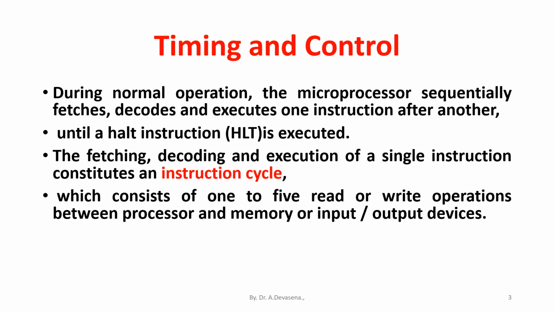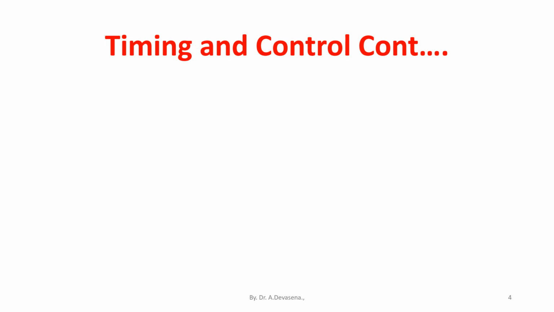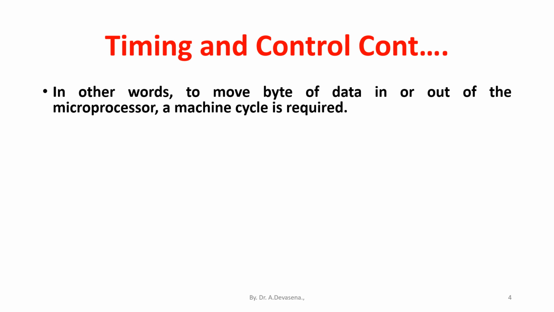Each memory or I/O operation requires a particular time period called a machine cycle. In other words, to move a byte of data in or out of a microprocessor, a machine cycle is required.